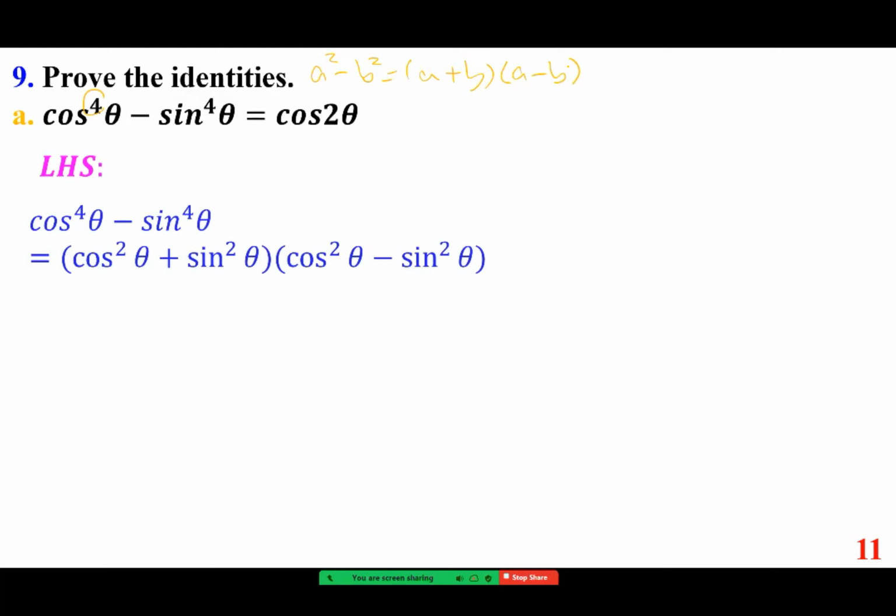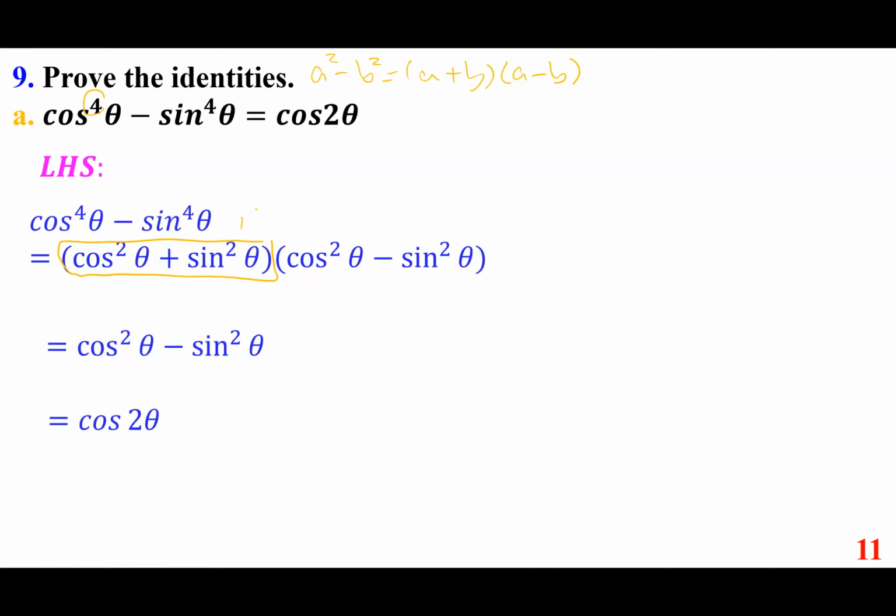You can use that. And so what happens, this is Pythagorean identity 1. So we are left with cosine squared minus sine squared, and that is clearly cosine of 2 theta. And that's the right-hand side, and that's the proof.